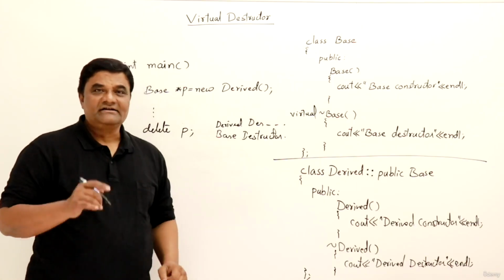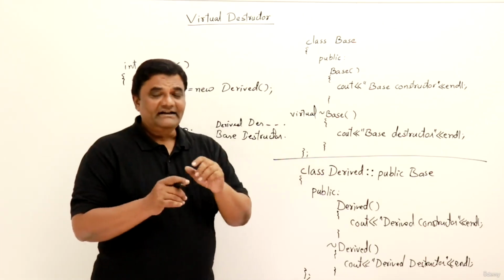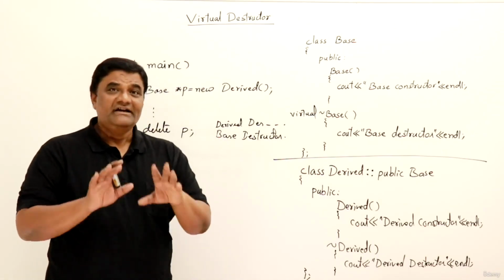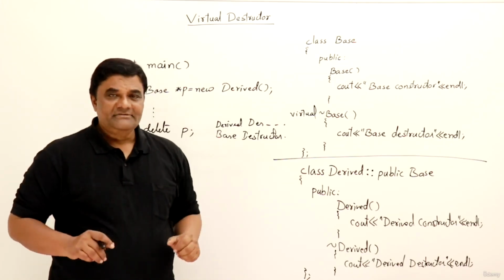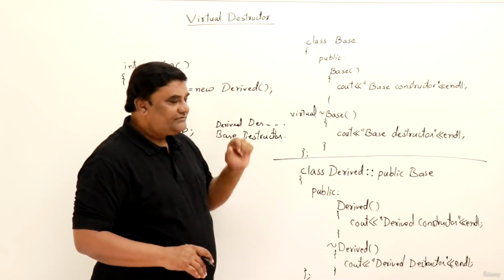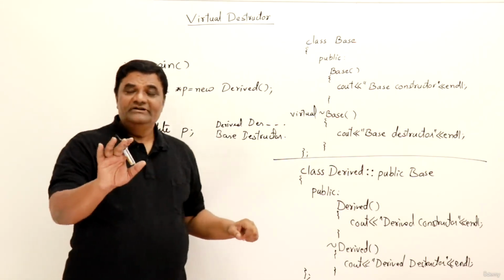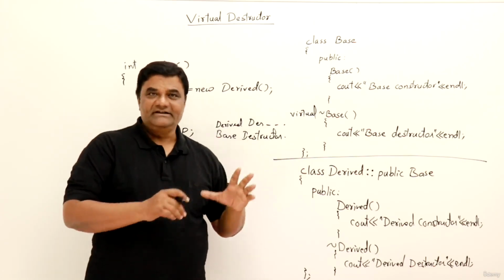So it means that if you have written something in the destructor of the base class for releasing resources, destructors are used for releasing the resources. If any resources are acquired in the constructor, we release them. If you don't make it virtual and this is how you are using the derived class object, then only the resources acquired by the base class code will be released.